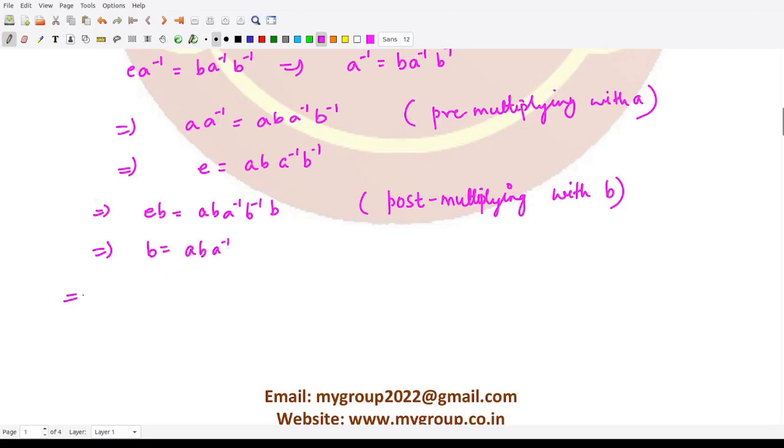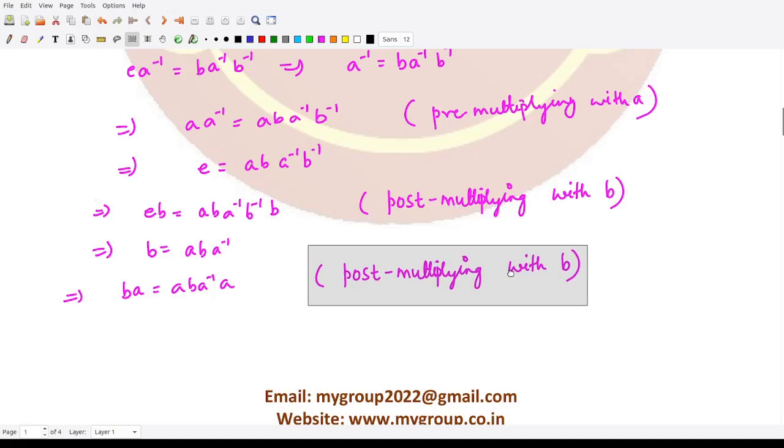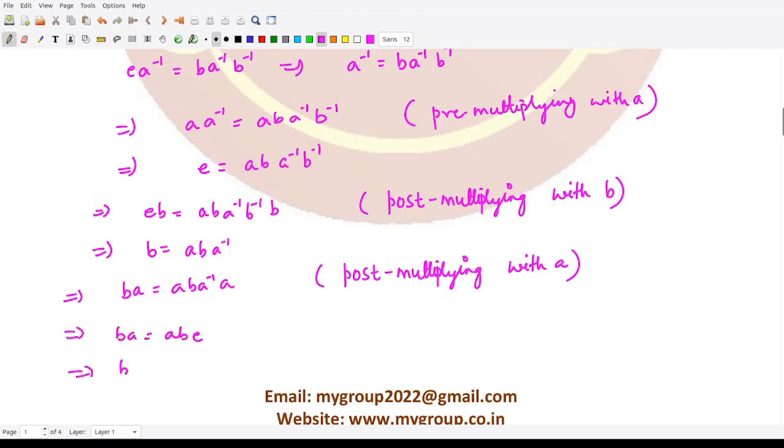Now we can again post multiply with A on both sides, so that we would have BA is equal to AB into E, which is BA is equal to AB.